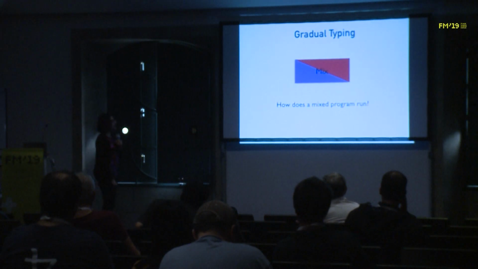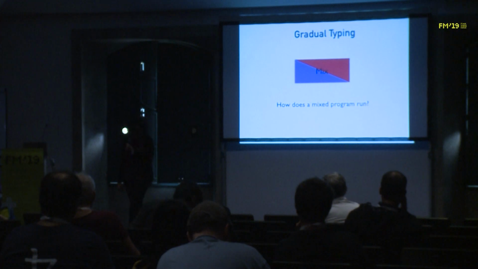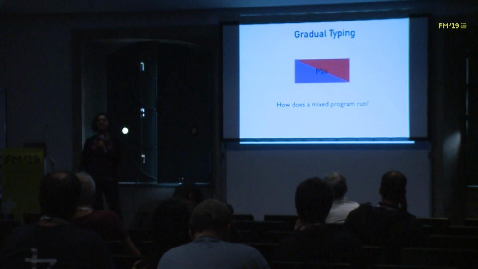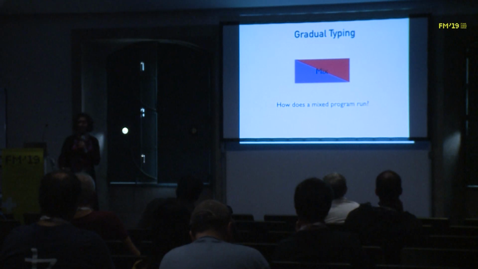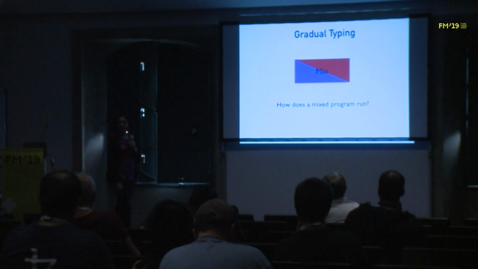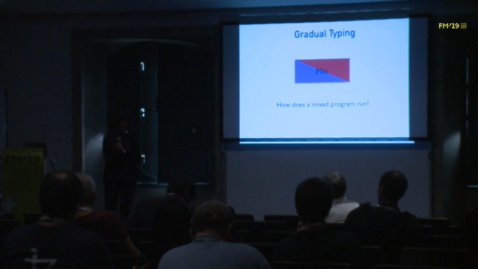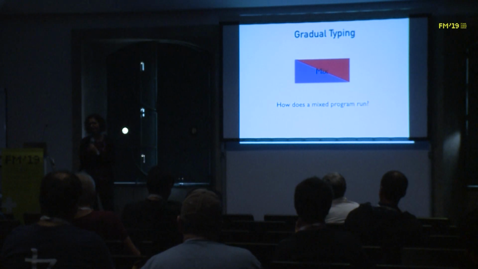The whole research area of gradual typing is concerned with this question of how a mixed program, a program that is both dynamically and statically typed, or parts of both, runs. What is the semantics of that program? And there's an associated question here, if you think about it. We migrate from dynamically to statically typed code in order to get certain advantages.